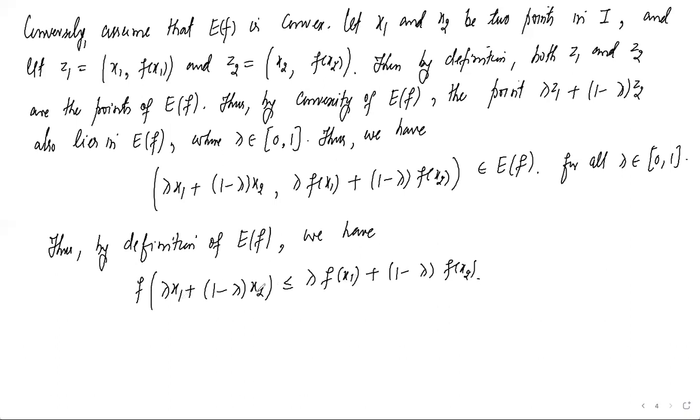This is the definition of a convex function. So thus, f is convex. Okay, so we have completed the proof of this result. Therefore, a function f will be convex if and only if the set E of f associated with it is a convex subset of R square.